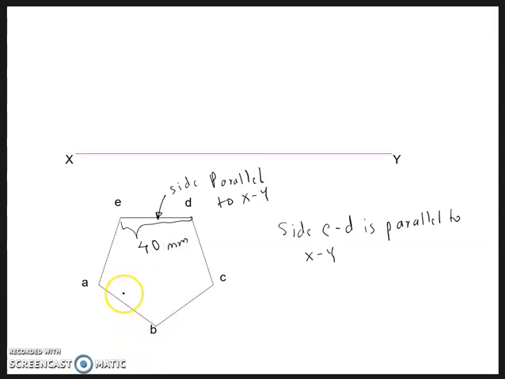Right? And the angle between these sides, since it is a regular pentagon, should be 108 degrees. This also should be 108 degrees.